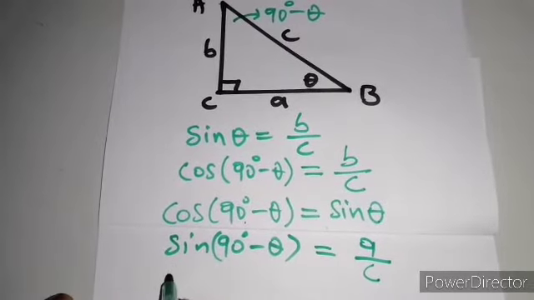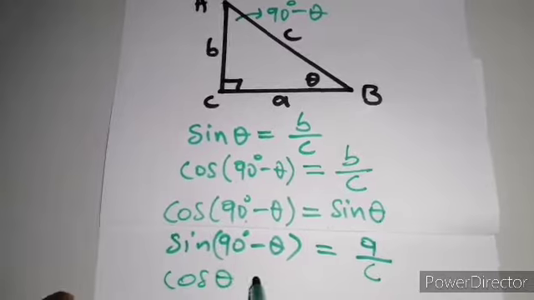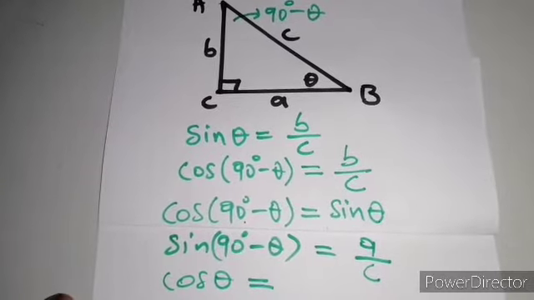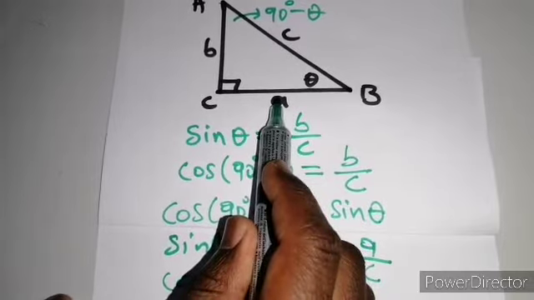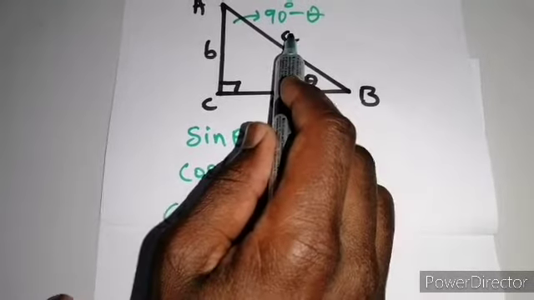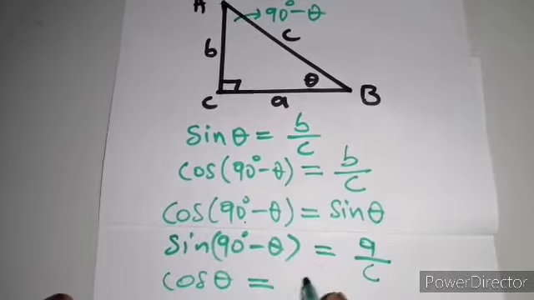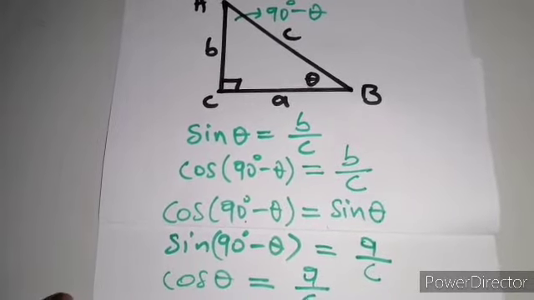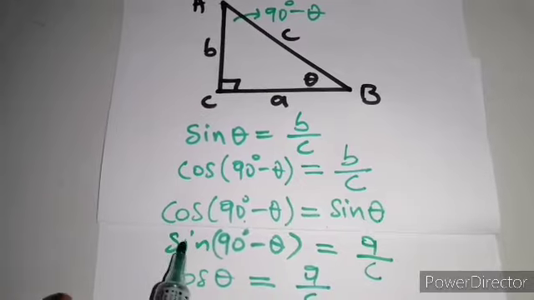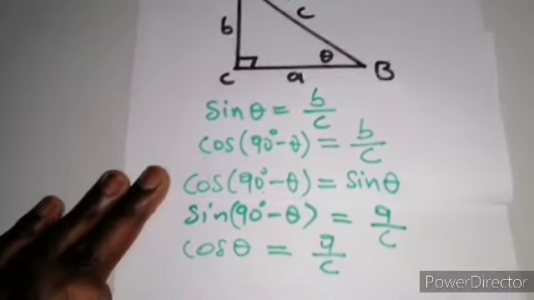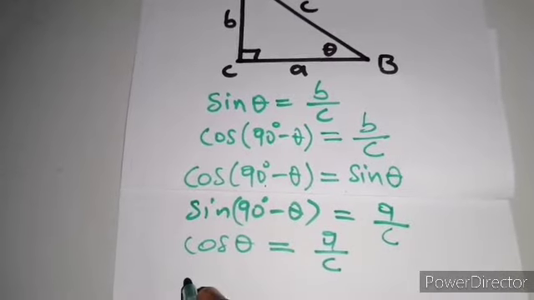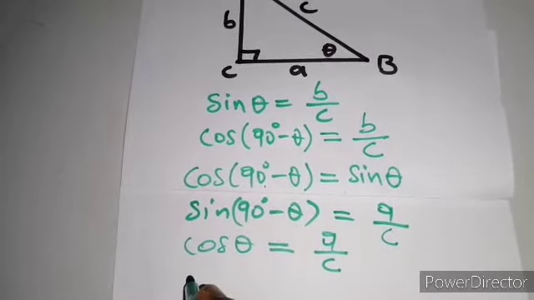Let's find the cos of theta. The cos of this angle is adjacent side divided by hypotenuse. The adjacent side of that angle is a, divided by hypotenuse c. Now we can see that the sine of 90 minus theta is the same as the cos of theta. So this is the cofunction.